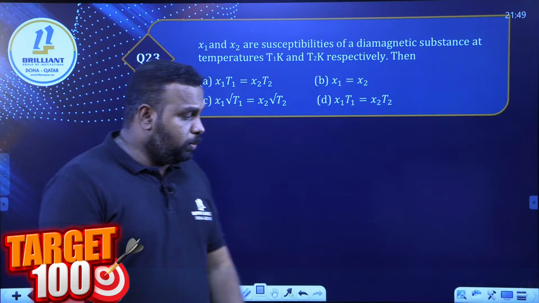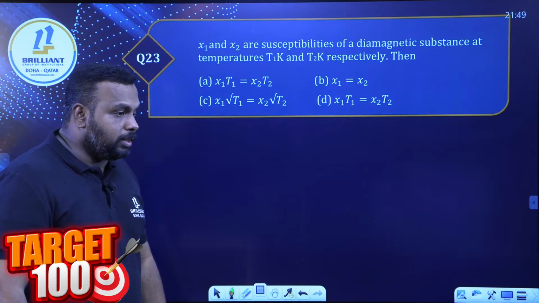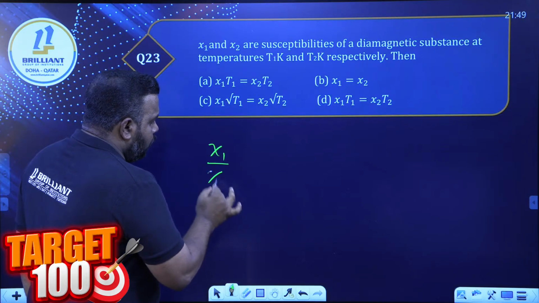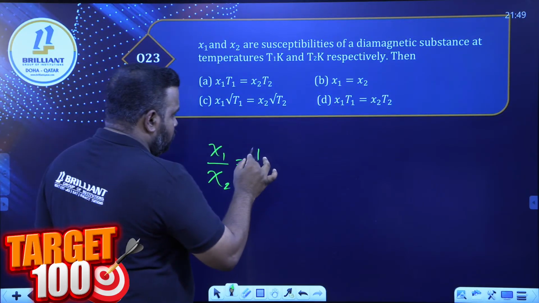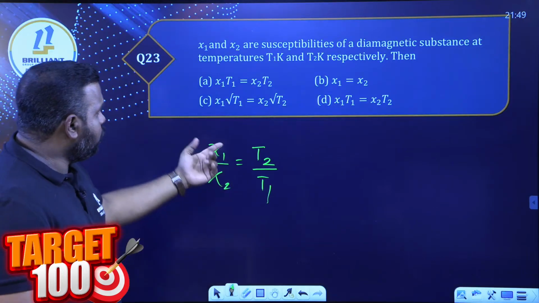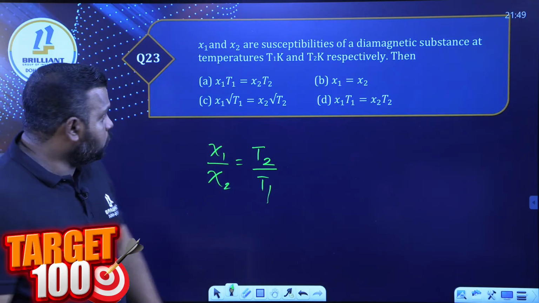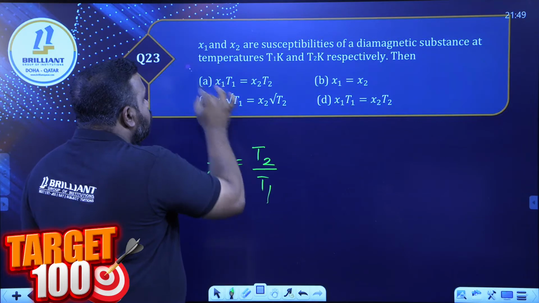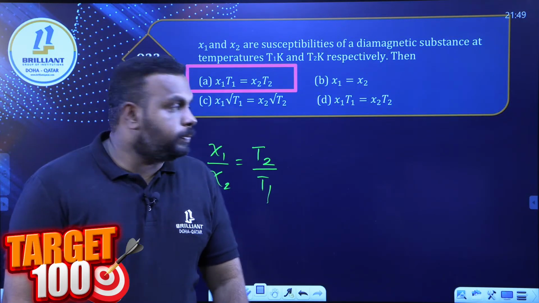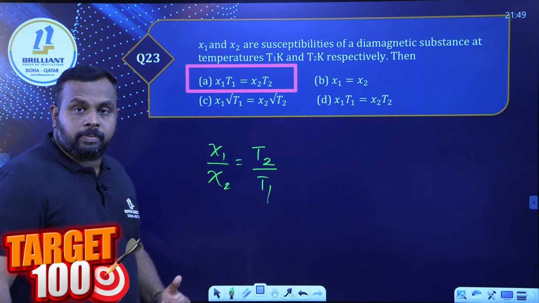Chi1 by Chi2 is equal to T2 by T1, which means Chi1 T1 is equal to Chi2 T2. So the answer is option A. Easy. Okay. Can I go to the next?